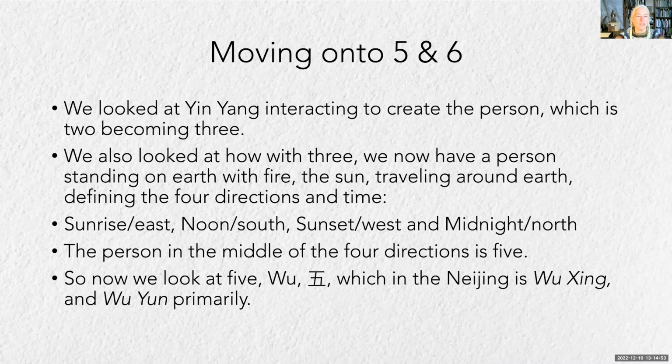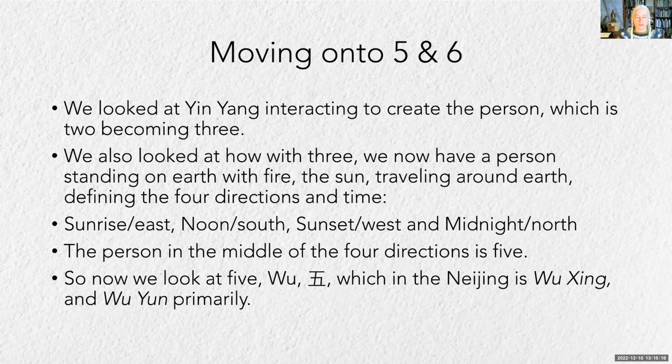Okay, so we already looked at yin yang interacting to create the person, which is the 2 becoming 3. And we also looked at how with 3, we now have a person standing on earth. When we have a person standing on earth with fire, meaning the sun traveling around the earth or appearing to travel around the earth, the 4 directions are then defined in time.